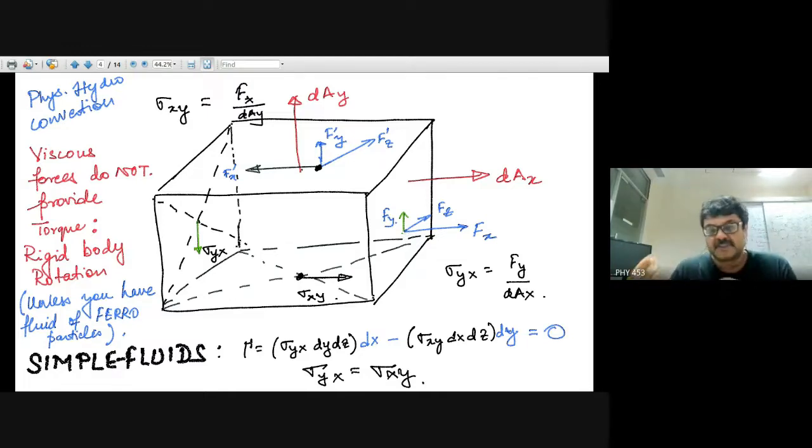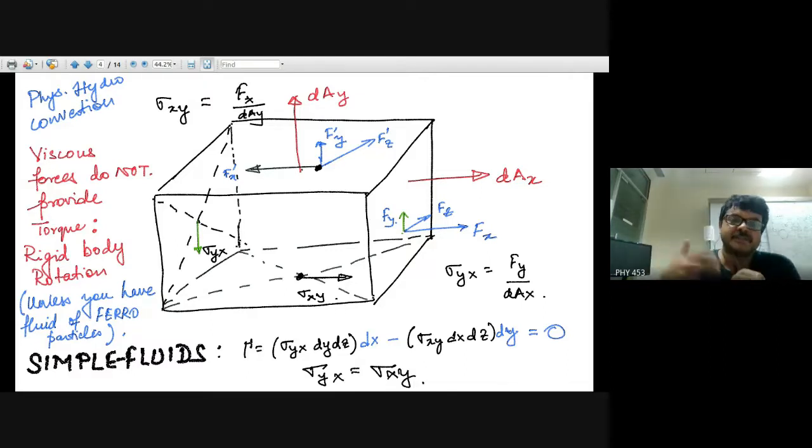Velocity gradient terms. And that means these forces are acting only to deform the fluid element, local deformation of the fluid element, no rotation, no center of mass motion. If there was an unbalanced force, then the entire fluid would move. Okay, so we are looking at only deformation forces.